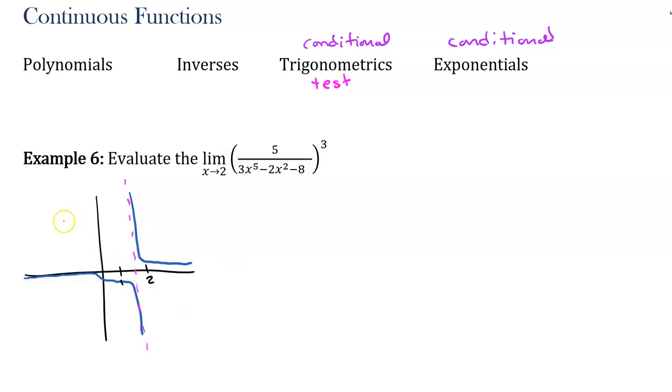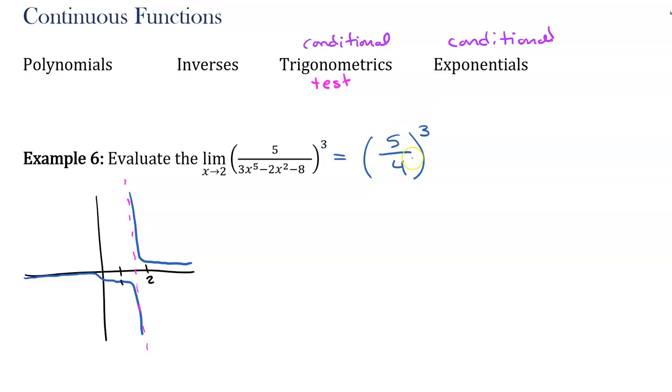So once we have confirmed that this is continuous where they're asking me for, I can just use the rules of limits that we learned before. So substitution. Put 2 in for all the x's, and you get 5 over 4, cubed.